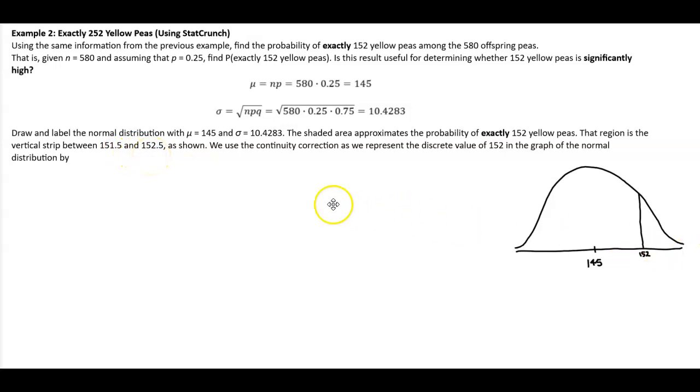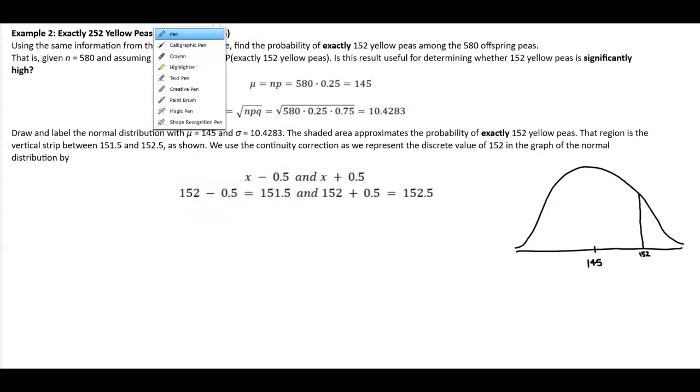Remember, we're using the continuity correction as we represent the discrete value of 152 in the graph of the normal distribution. That means if you take x and subtract 0.5, 152 minus 0.5 gives you 151.5. Let's label that on the graph.